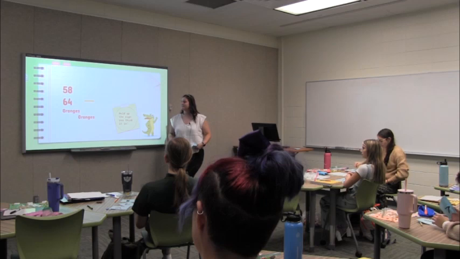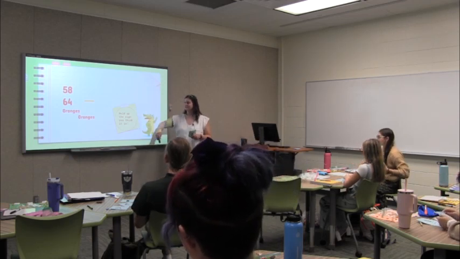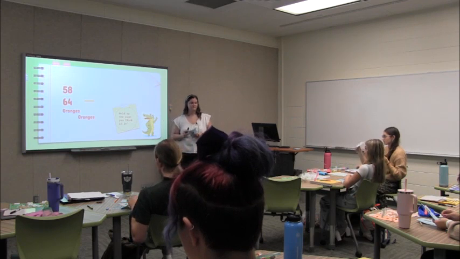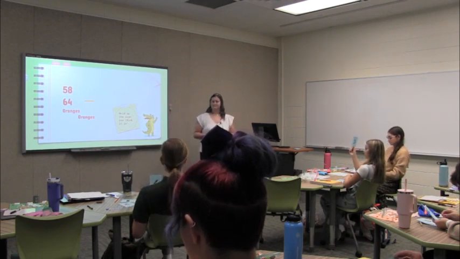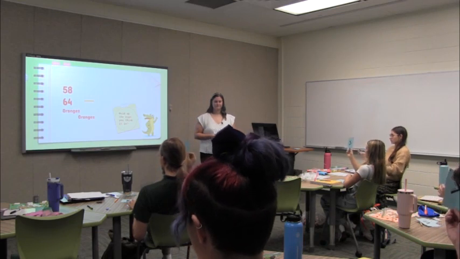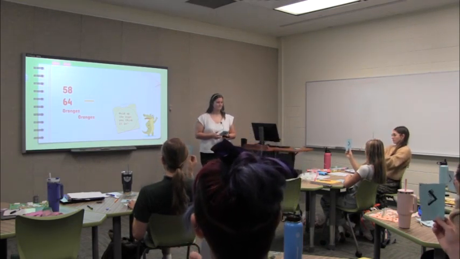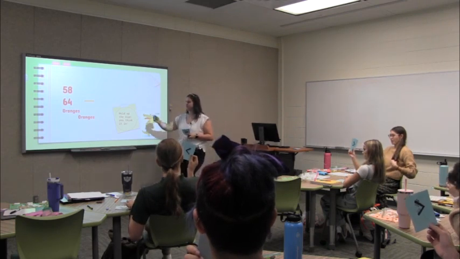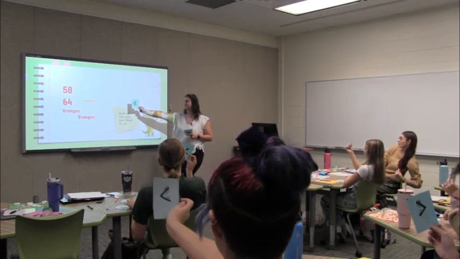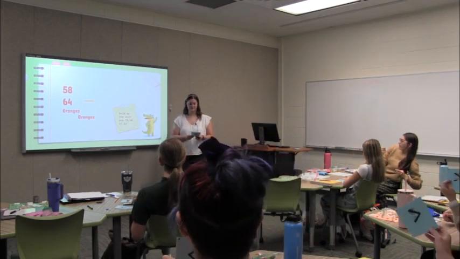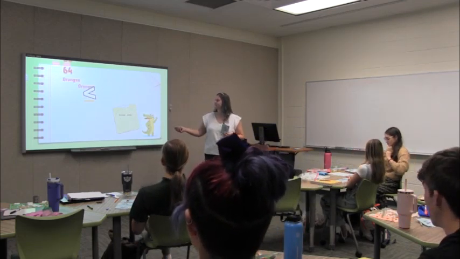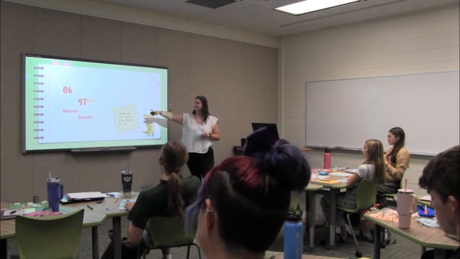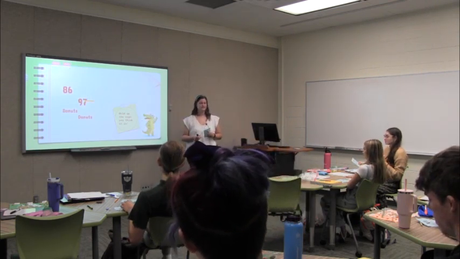Okay, would Mr. Alligator rather have 58 oranges or 64 oranges? The 64 is going to be on this side. All right, let's make sure we look at the right cards, everybody. Want to make sure that he is chomping towards the bigger number. Good job. All right. And would he rather have 86 donuts or 97 donuts?